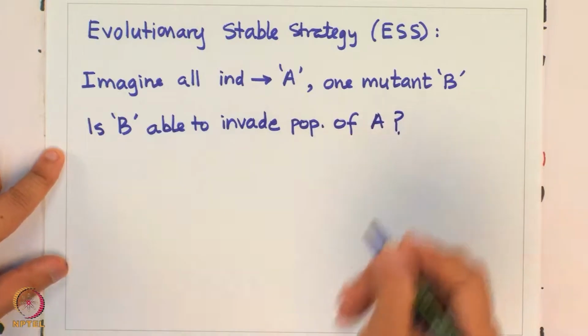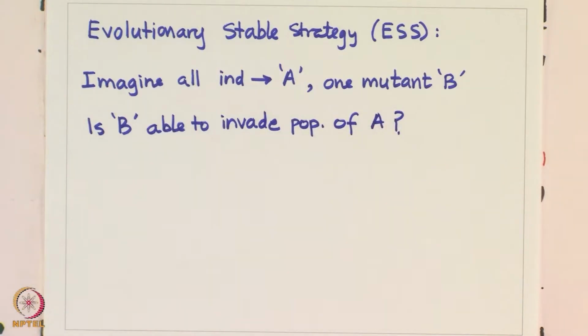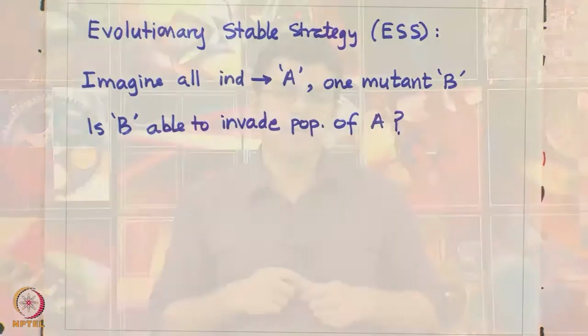That is the question. If B is able to invade the population of these A type individuals, then A is said to be a strategy which is not an ESS. On the other hand, if B is not able to invade the population of A type individuals, in that case the A strategy is an ESS.